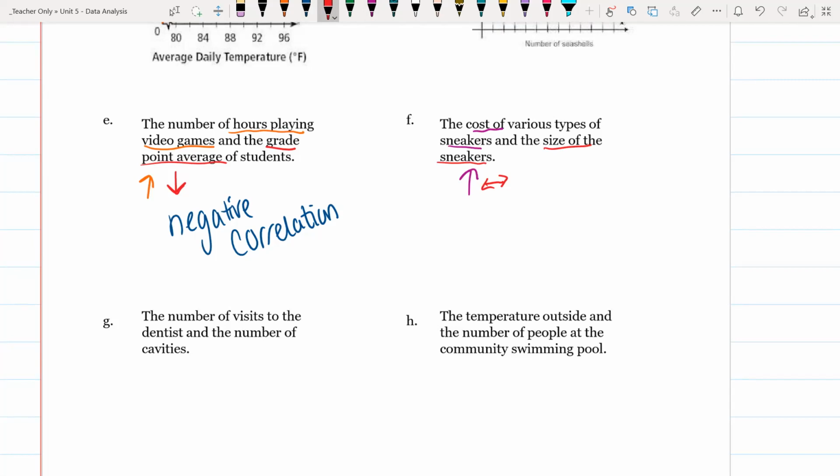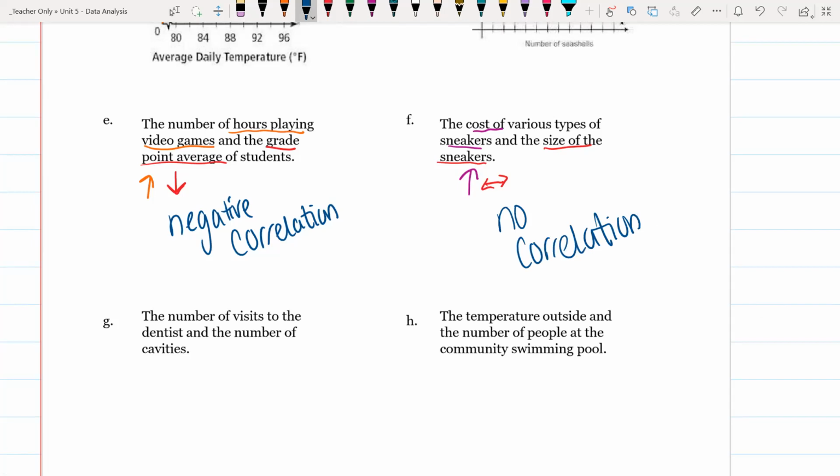So it's not just one brand. And we're saying if you wear size 4 and I wear size 7, my shoe should be more expensive. But that's not really how it works. Like the basic sizes, they all cost the same, right? So there's no correlation here. No correlation.